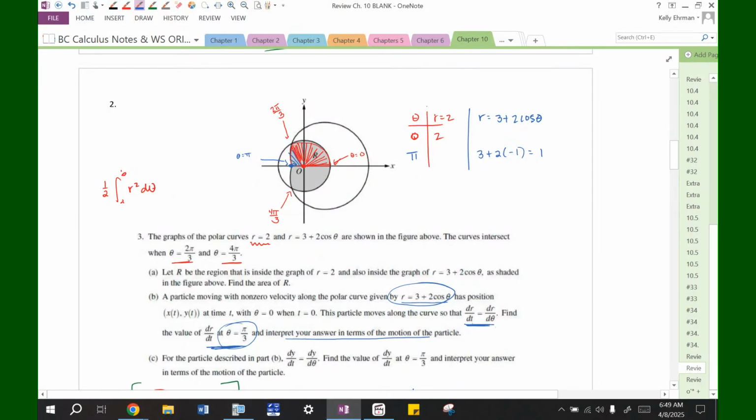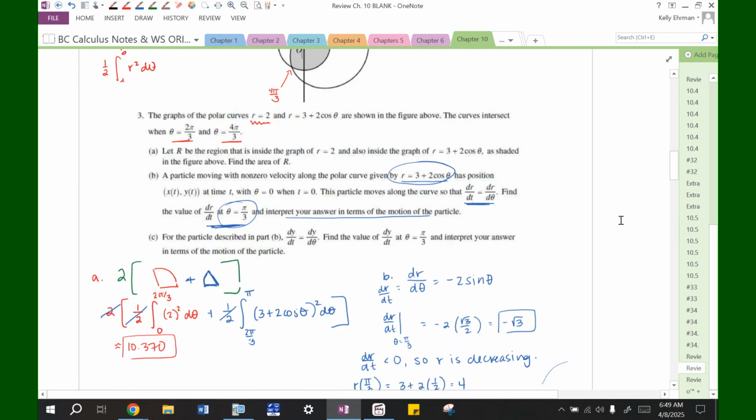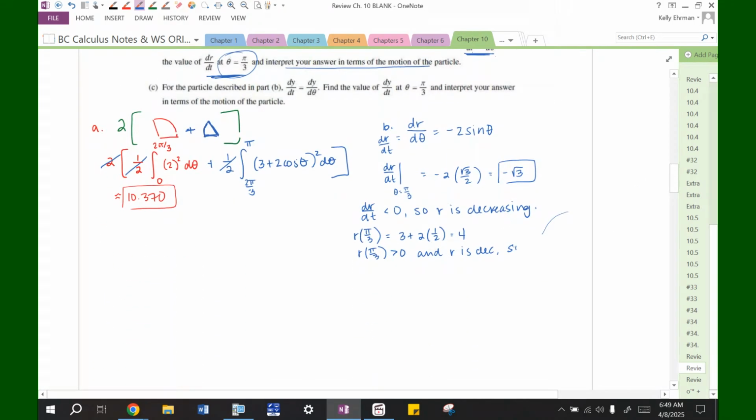Also, just estimate where pi over 3 is. As you continue this on, you are getting closer to the origin instead of farther from it. So the curve, motion of the particle: the particle is getting closer to the origin.